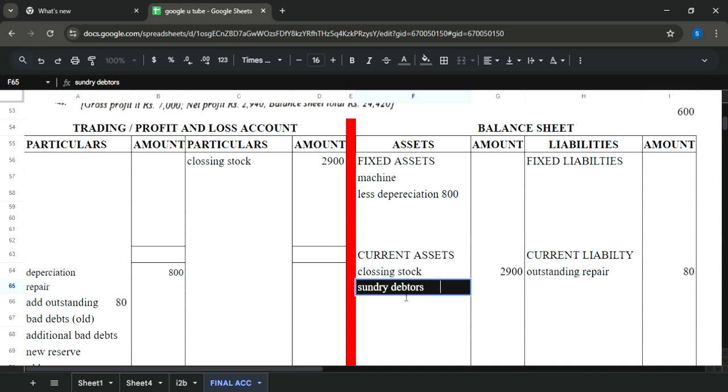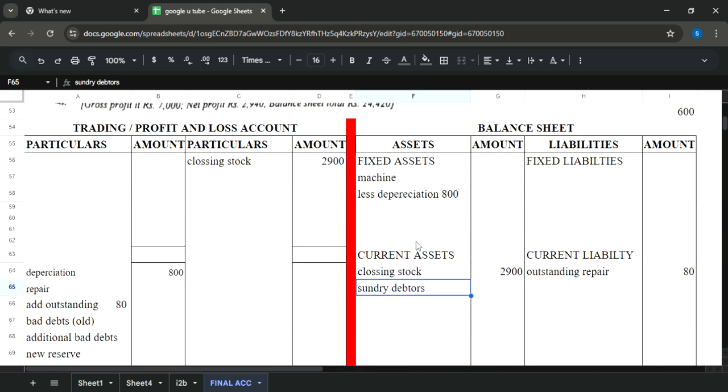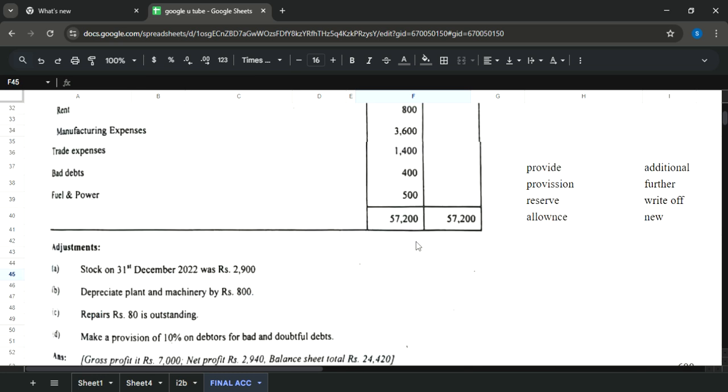Here you will go to the trial balance and see how much amount of debtors is given. Look, sundry debtors amount is 4800. So you will be writing 4800 over here. Again, go to adjustment. I'm telling you once again, additional bad debts.